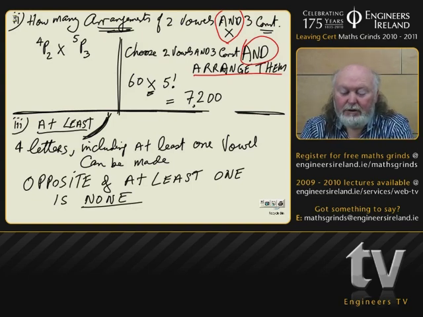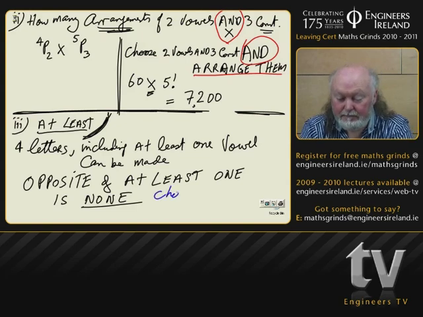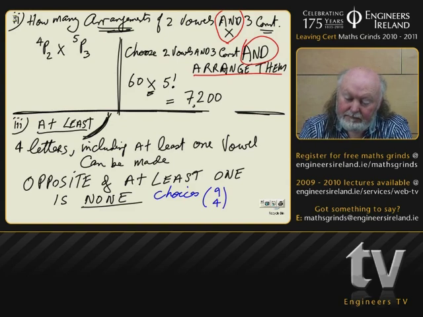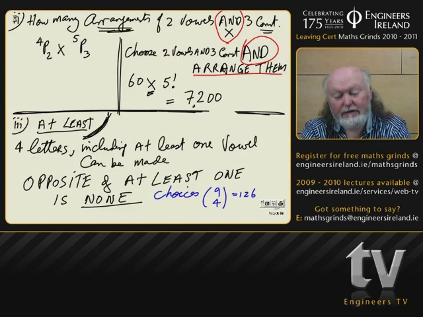So, how many choices? That's the total number of choices, picking all the letters of our word, which is sectional, 9 letters.